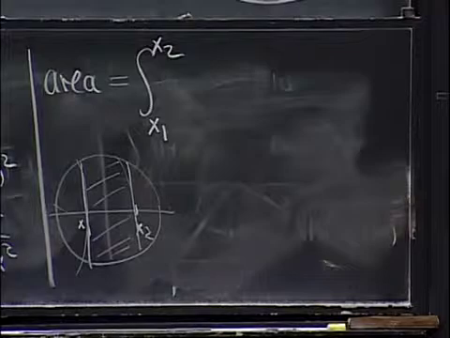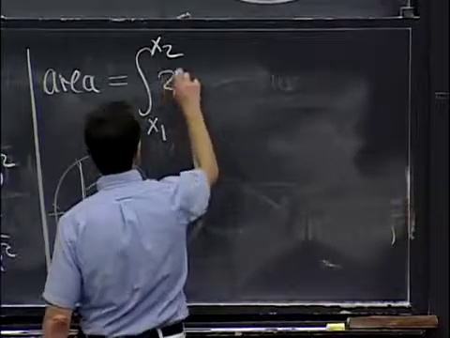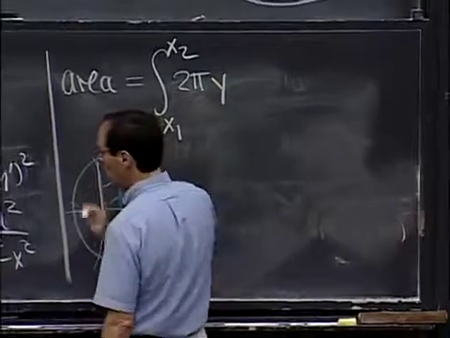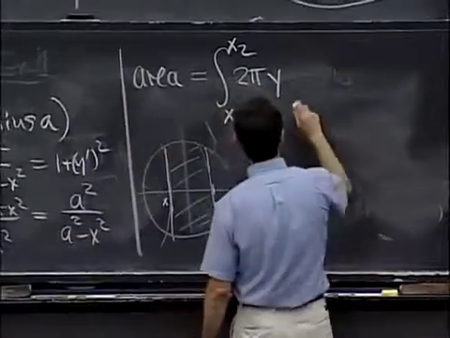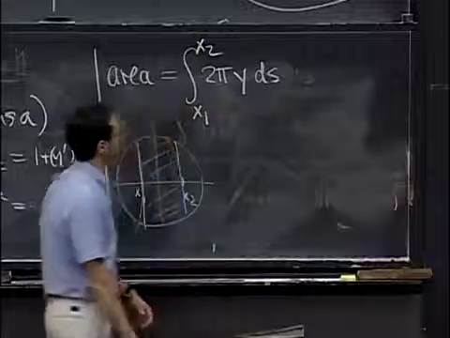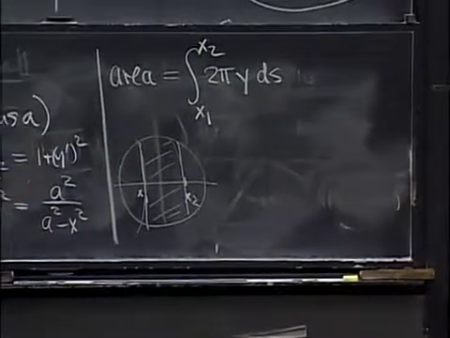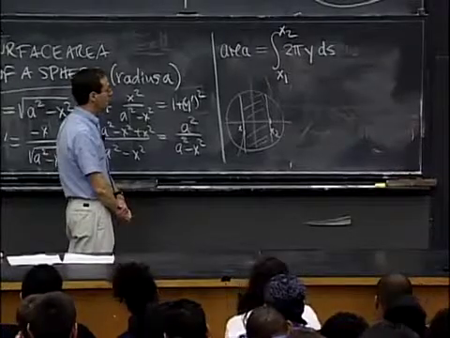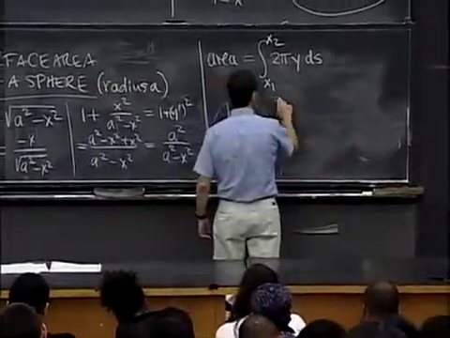Well, so I have here 2 pi times y. I'll write it out, just leave it as y for now. And then I have ds. All right, so that's always what the formula is when you're revolving around the x-axis. And then I'll plug in for those things.